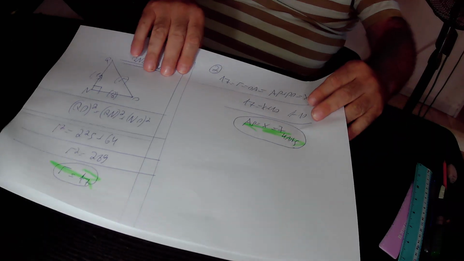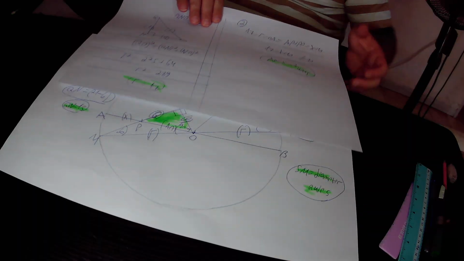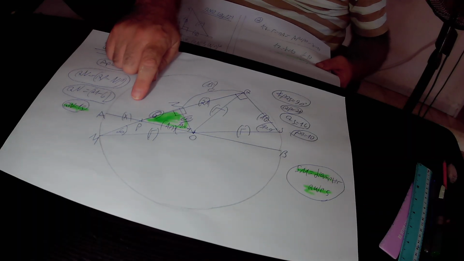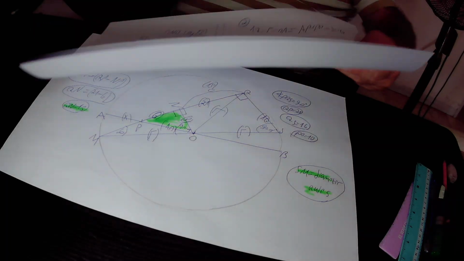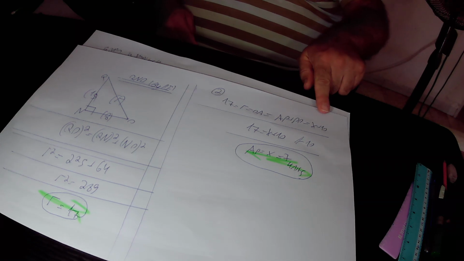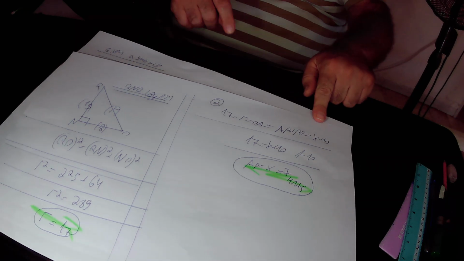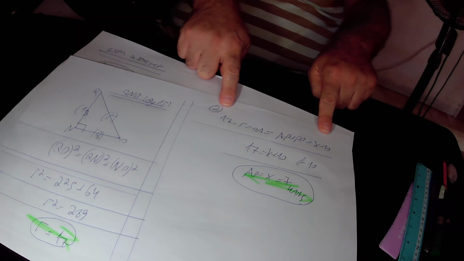So you can write that OA equals AP plus PO. AP equals X, that is the line segment that we are looking for in this question, plus PO, that is 10. So from this equation, we derive that 17 equals X plus 10.